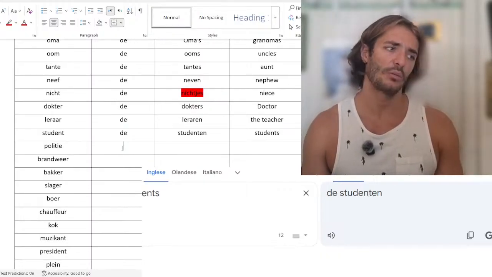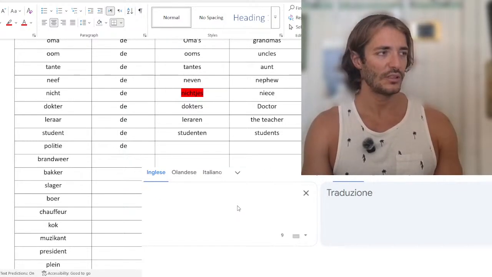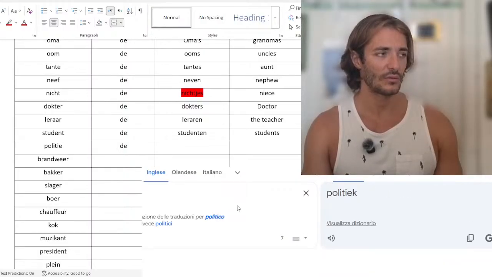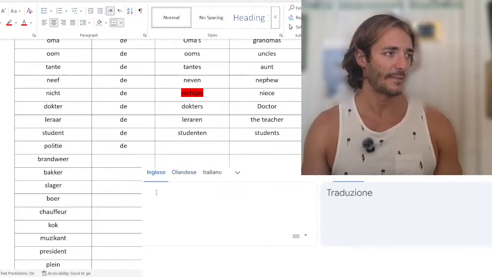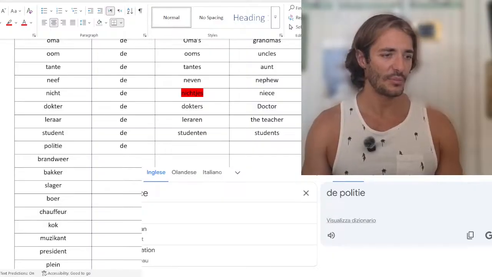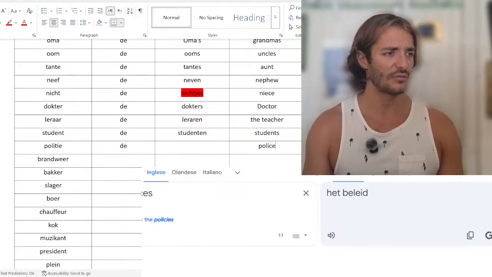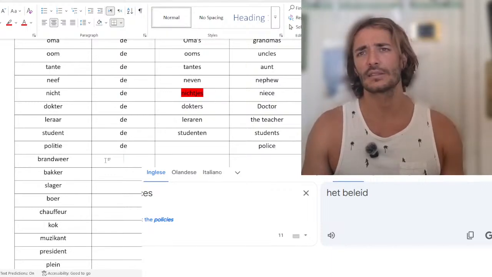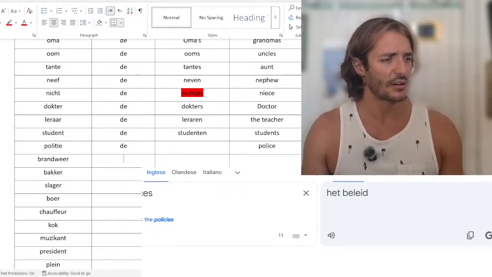Politie. This is probably the police. The politie. Let's see. The police, okay. The police, the politie. The polices, well, it's very strange. Yeah, this one in the plural, it's not really meaningful. Brandweer, maybe this is the fire workers, like the guys who extinguish fire.